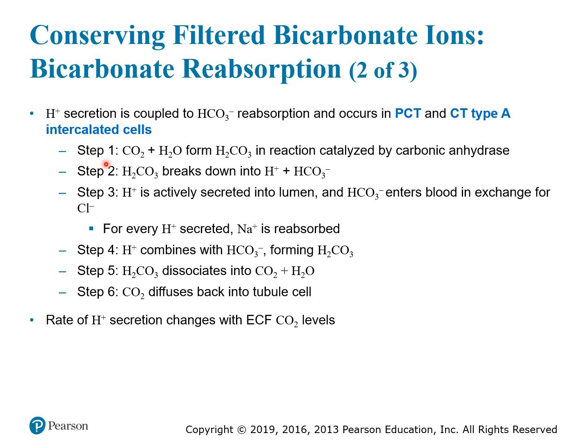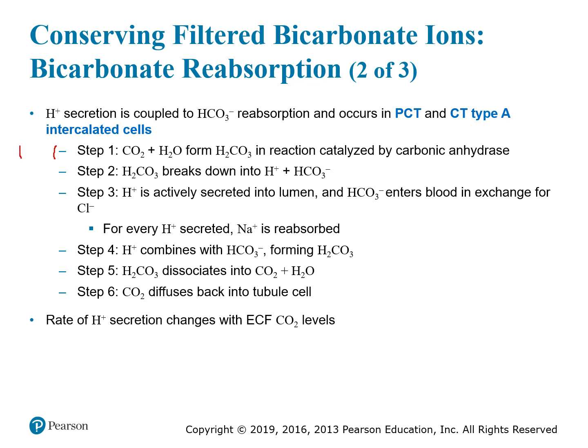And what is the first step? The first step is that carbon dioxide and water form carbonic acid in a reaction catalyzed by carbonic anhydrase, and this breaks down. Now this is happening inside the intercalated cell.